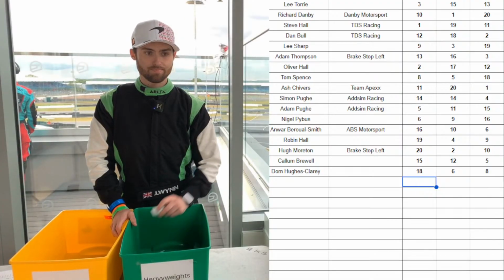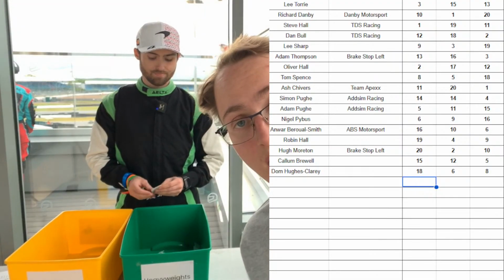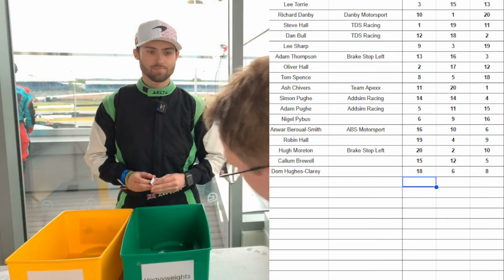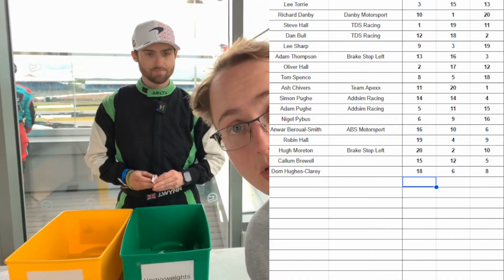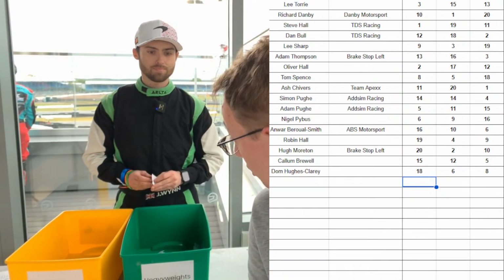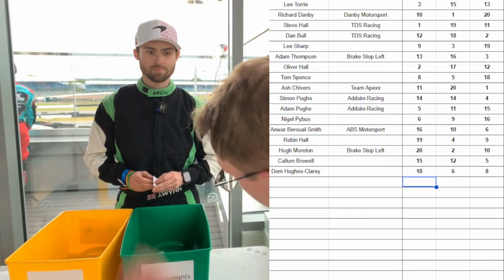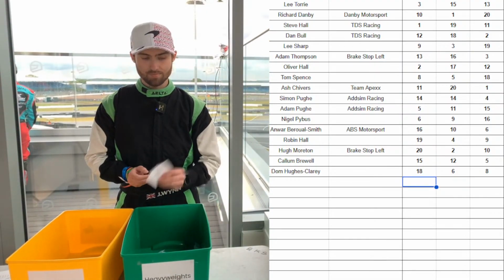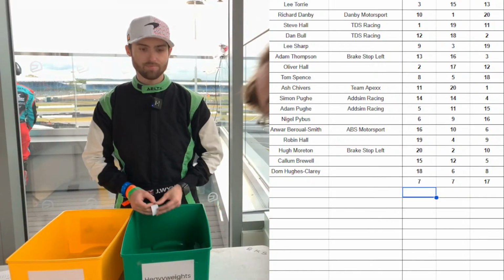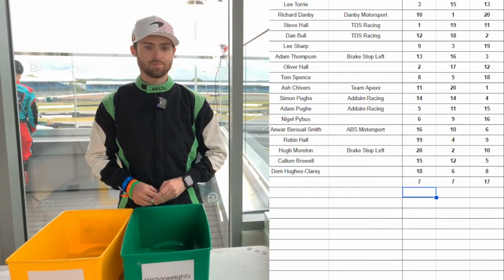So we've then got 3 spaces left currently in heavyweights. We're obviously going to proceed under the assumption that all 3 spaces will get booked in the next 5 days. If so, the grid numbers, like I say with the lightweight drivers, will be assigned to drivers in a random order of when they book in. So one of the drivers who we assume will book in will start their first heat from 7th, which will in turn make them start 7th for heat 2 and 17th for heat 3.